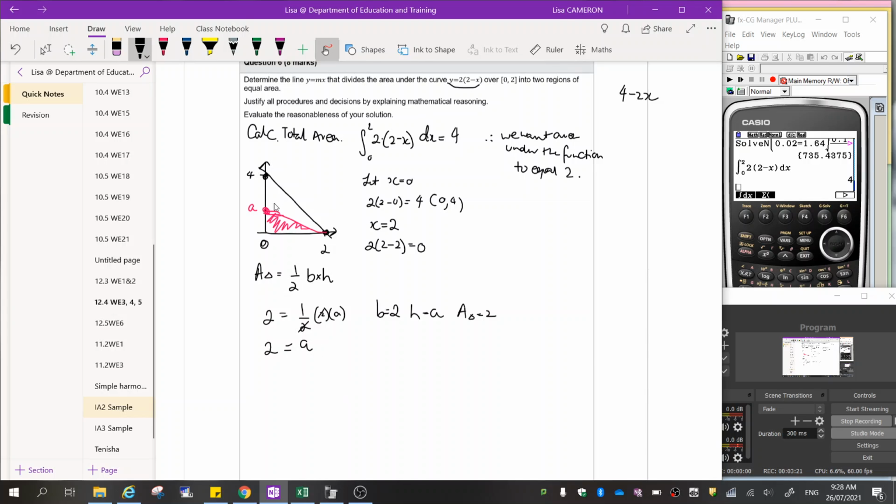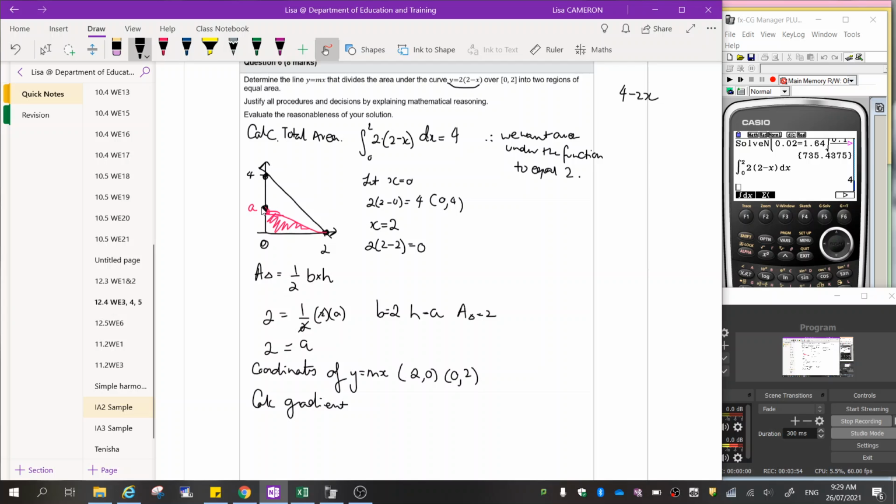Okay, so now I've got this coordinate here. The coordinates of y equals mx are going to be made up of 2 and 0 and 0 and 2. So now to calculate the gradient, all I have to do is throw it into rise over run.